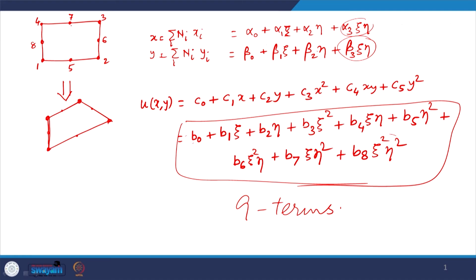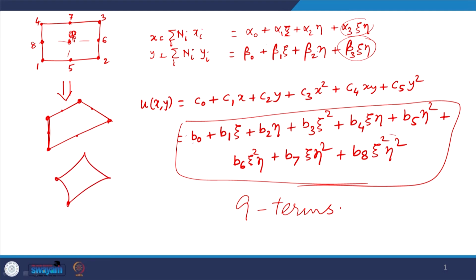Therefore, the behavior of the 9 node Lagrangian element is often superior under this kind of bilinear distortion. Of course, both elements are incomplete if the distortions were of this kind, quadratic distortion.